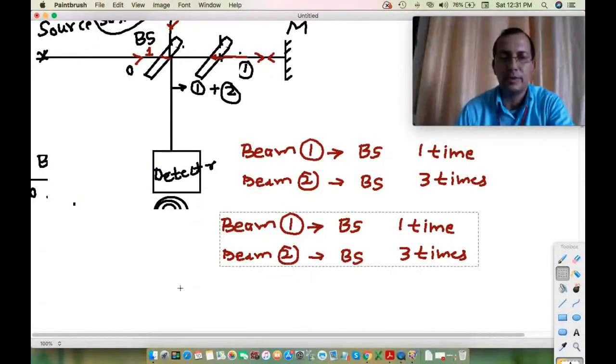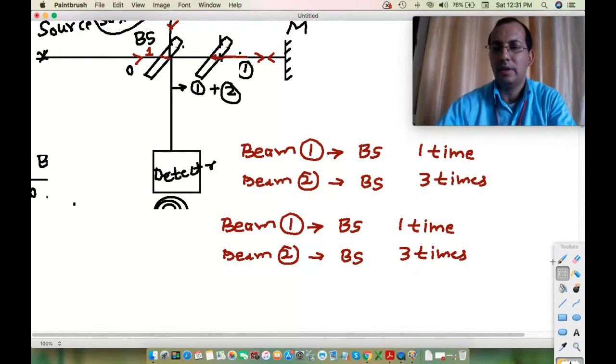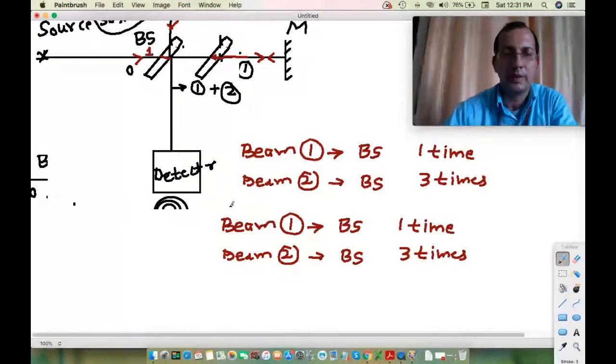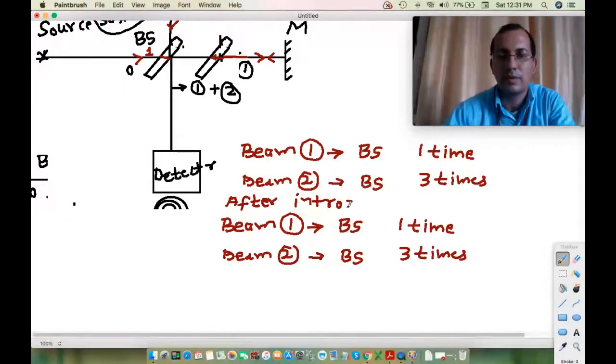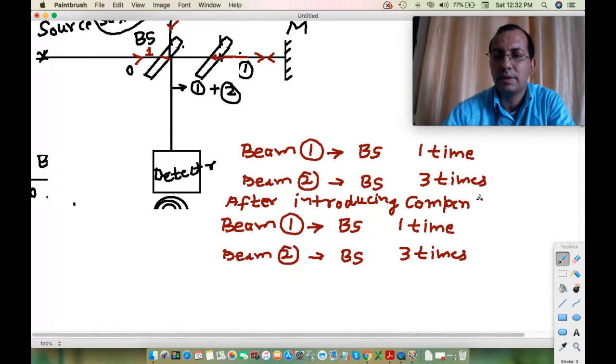Situation number two is again after introducing the compensating plate.